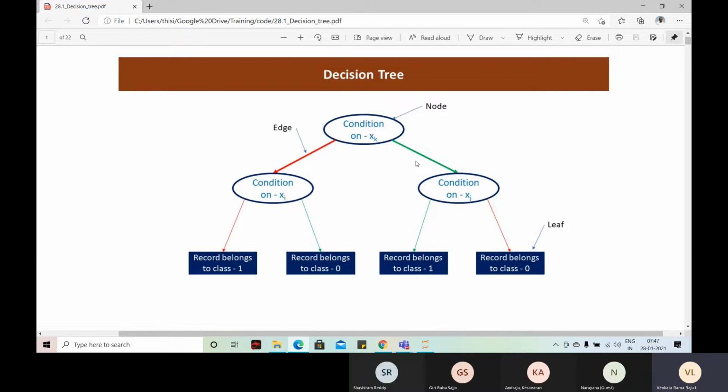If a feature has more distinctive power, we can dissect or divide the data set into two classes, or maybe n classes. You can have n classes also; for simplicity, I have taken two classes only.